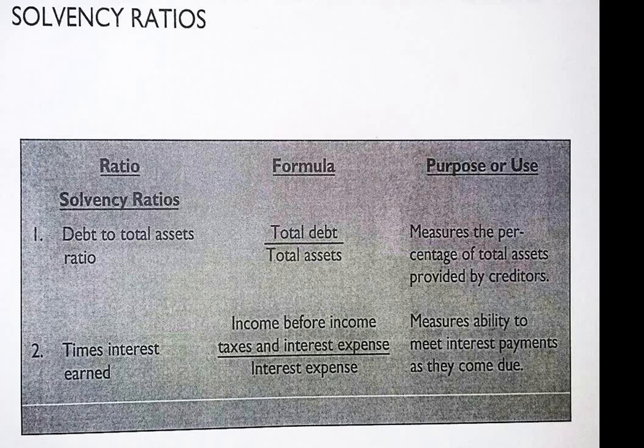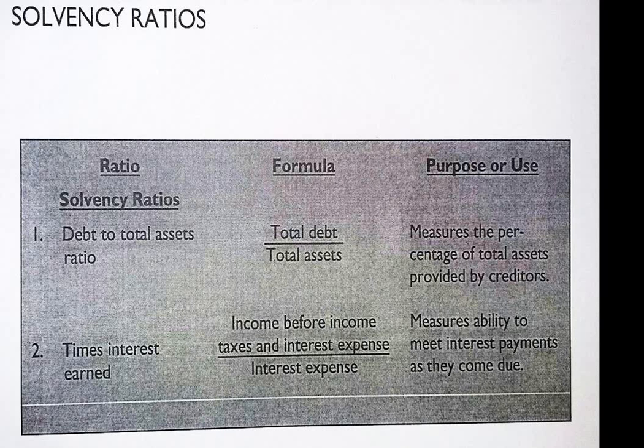The last one, and the second one in solvency ratios, is times interest earned. This one measures the ability to meet interest payments as they come due.